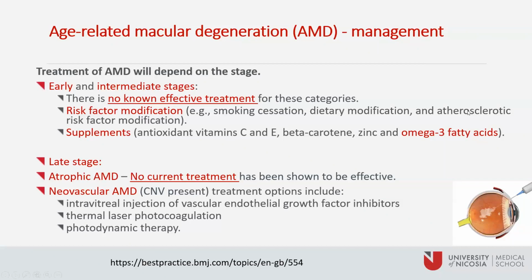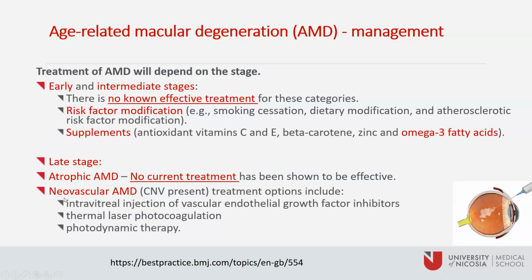So this is where the omega-3 come along, and I'm going to go through a little bit more about them in a minute. In terms of the late stage of AMD, remember we have the two forms, the atrophic AMD and the neovascular AMD. So for the atrophic AMD, we do not have a current treatment. So there is nothing effective yet, apart from the points that we consider for the first two stages. So modification of risk factors and supplements. In terms of the neovascular AMD, so that means in case where you have choroidal neovascularization present, we do have some treatment options.